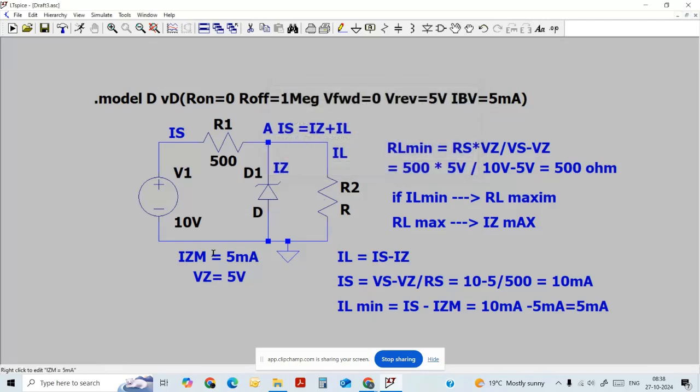From this we will calculate the maximum resistance value.